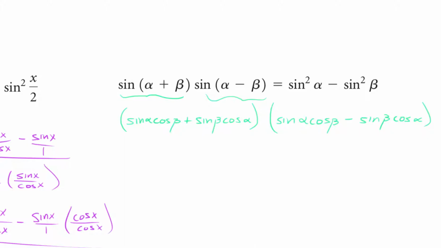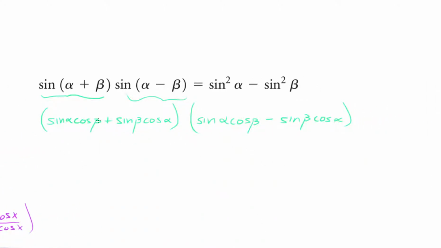And notice you have addition and subtraction being multiplied, so we FOIL. So first, sine alpha times sine alpha is sine squared alpha. Cosine beta times cosine beta is cosine squared beta. Then outer: sine alpha, sine beta, so this is a big term. It's sine alpha, sine beta, cosine beta, cosine alpha.